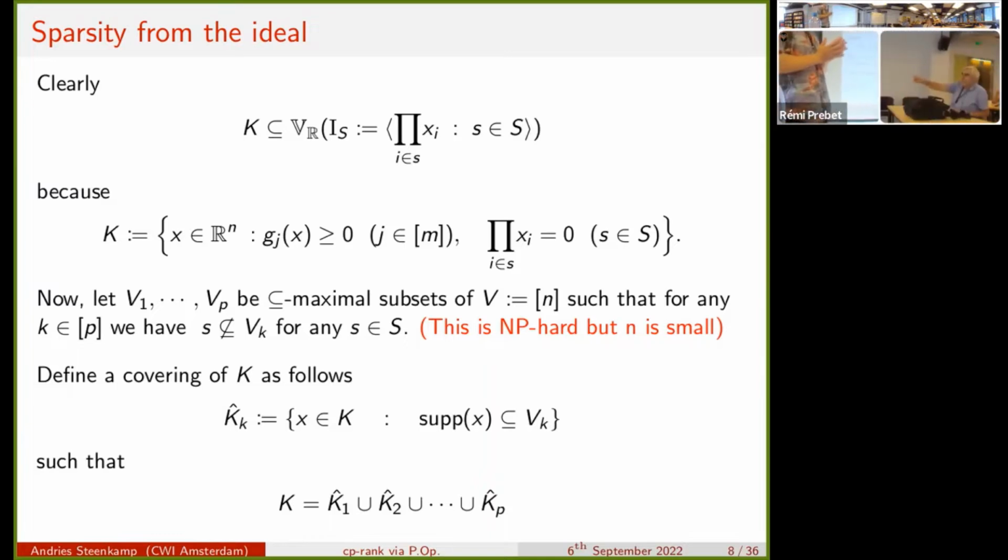Excuse me, what do you mean by n is small? Oh yeah, okay. I ignored the most important part. All right, so finding these maximal subsets is actually NP hard. But for our application, n is going to be pretty small, so we can just use whatever algorithm we have to compute them, and that will make our life easier later on.